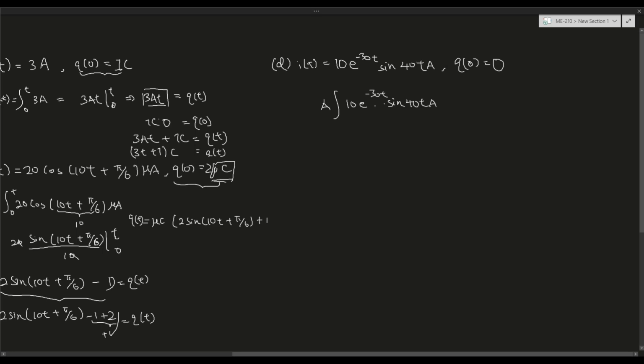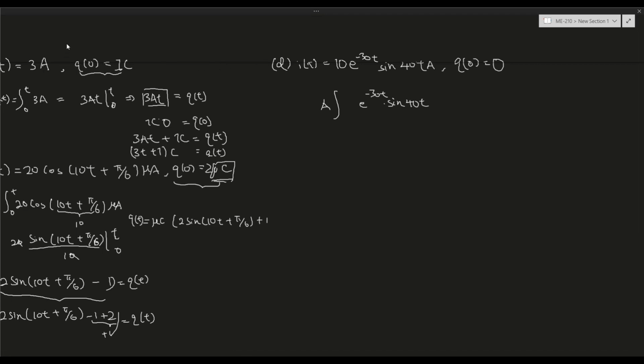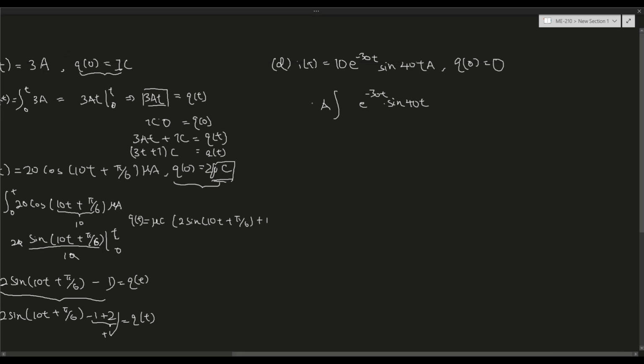We can just move that out. So you guys know we moved the a out, and we also can move the 10 out, right? 10a over here. Fantastic. And this is the equation that we have to deal with.